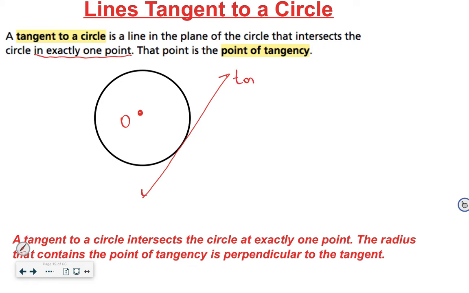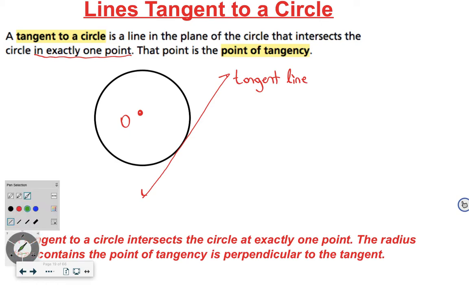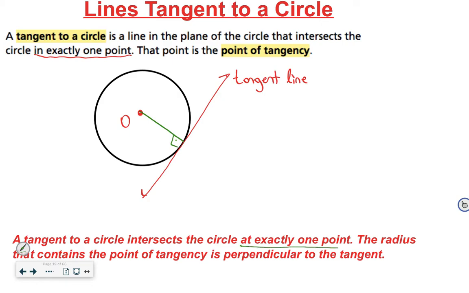This is the tangent line. Any segment from the center of the circle to the tangent line is perpendicular. This is important. A tangent to a circle intersects the circle at exactly one point, and the radius that contains the point of tangency is perpendicular to the tangent.